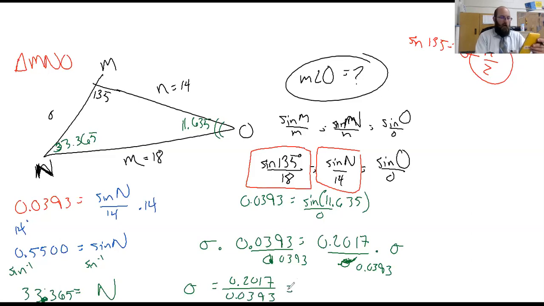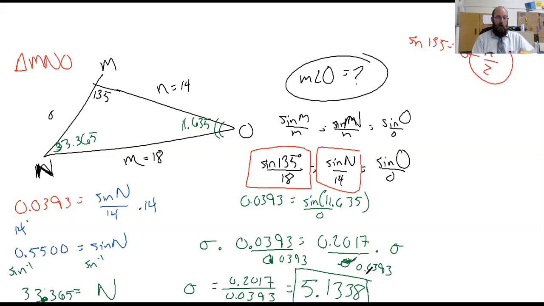And that gets me, oh, what does that get me? Let me try and go up and find that actual number so I can get this as exact as possible. That tells me my side length is 5.1338.